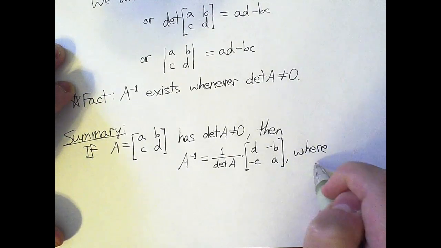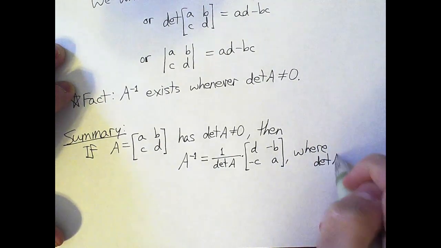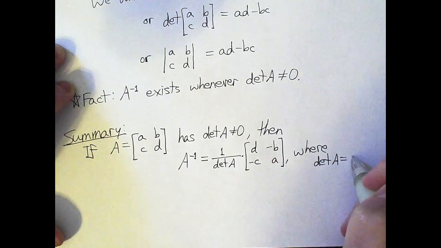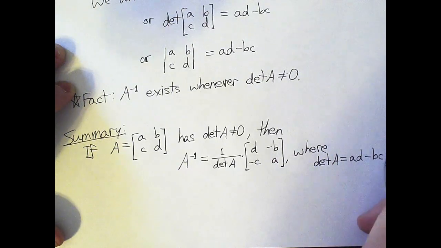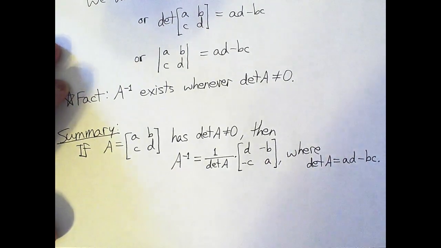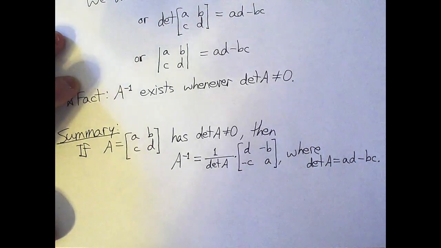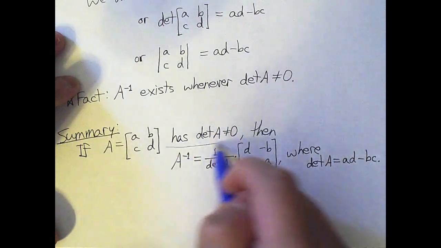Where the determinant of A stands for AD minus BC. Let's put a box around this.